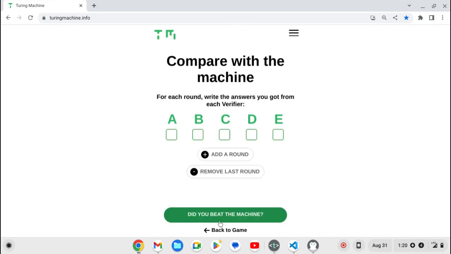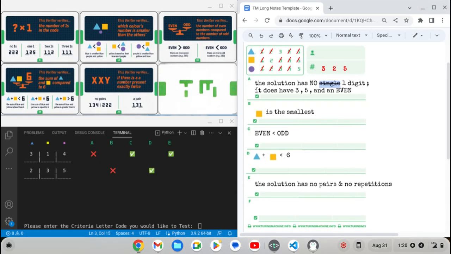Okay, how do we do versus a Turing machine? Well, let's take a look. So we did make 5 questions out of our 5 criteria cards, so that's a good indication. In both rounds, it was the first criteria card that was incorrect. So we did do ACE in the first round, and then the other 2 criteria cards in the second round.